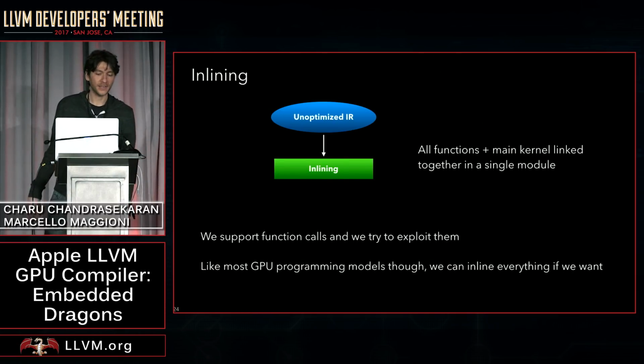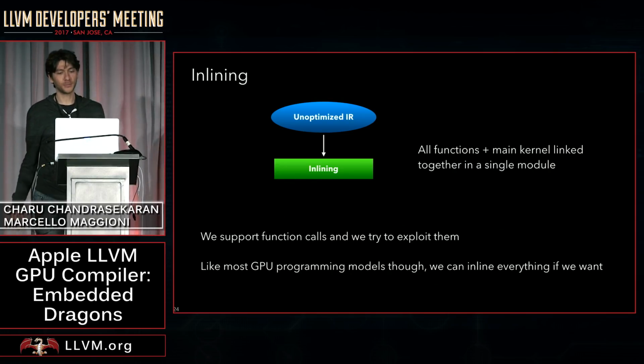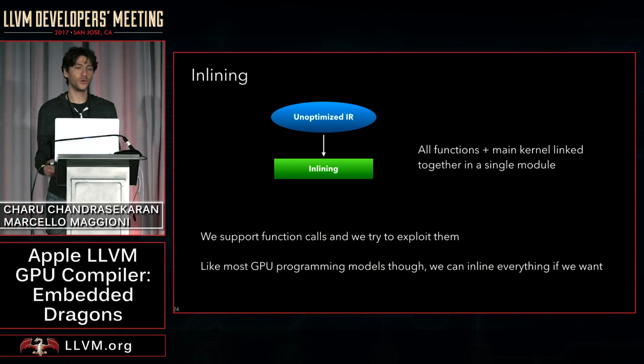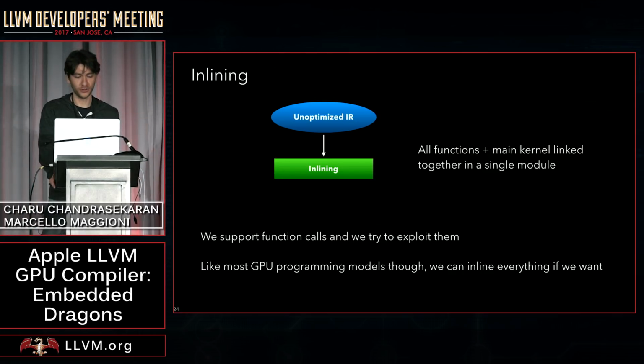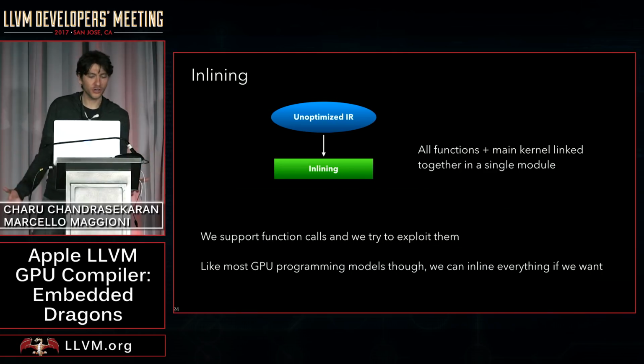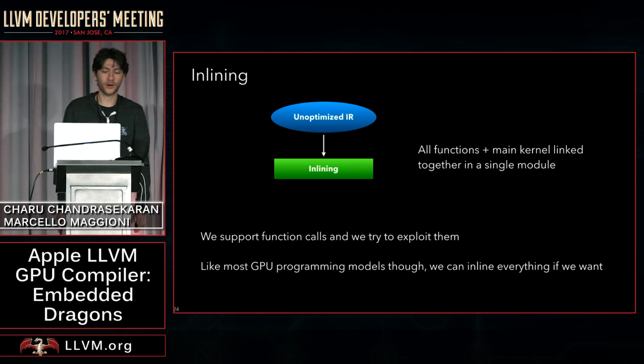So when the IR comes from the driver unoptimized, it comes into a single module where all the functions that are going to be seen are visible in this module. It's like an LTO module. Our first step is to inline the functions inside the main kernel. We support function calls in our compiler, and we try to exploit them for getting better performance.